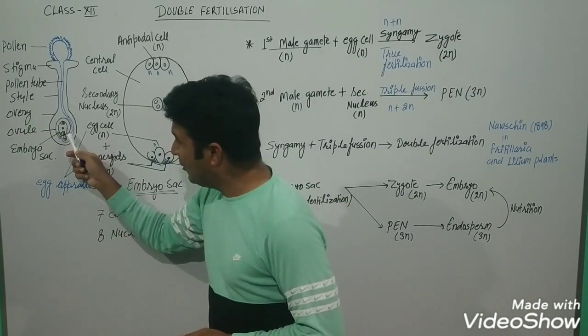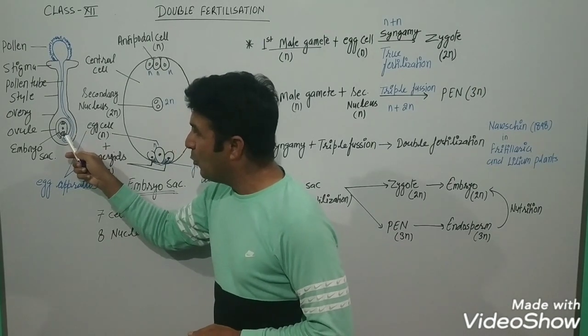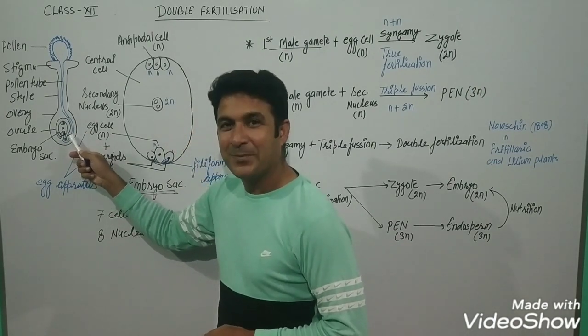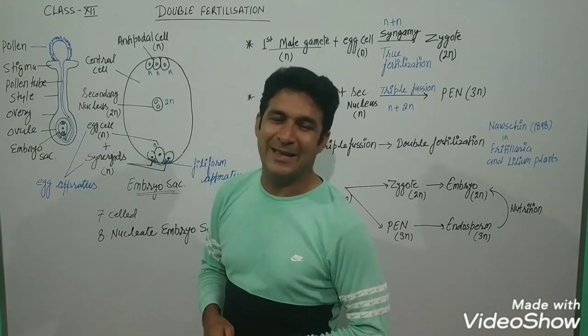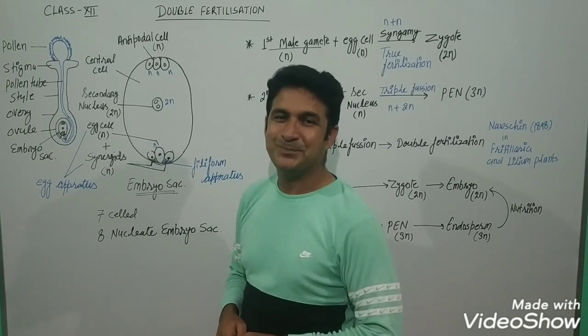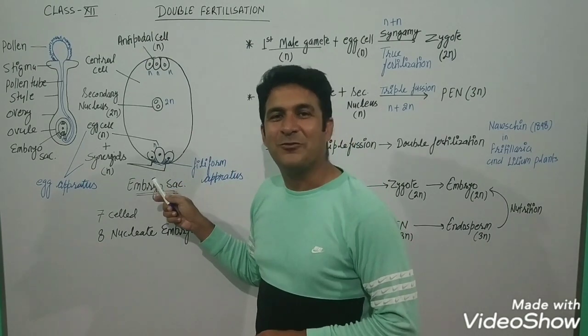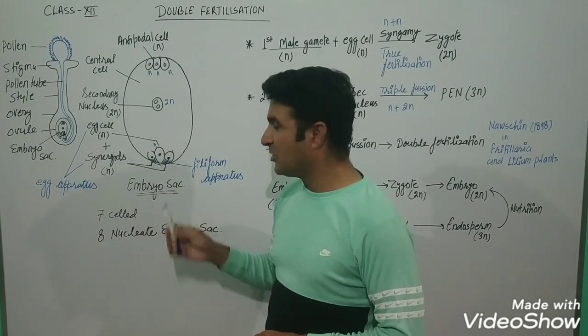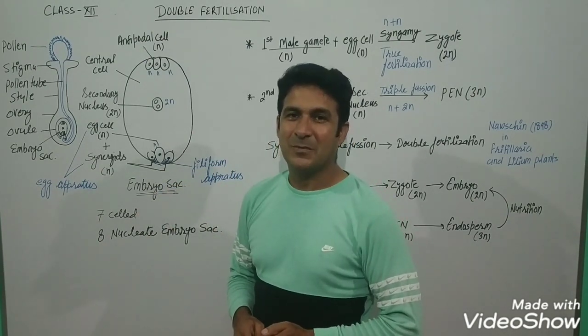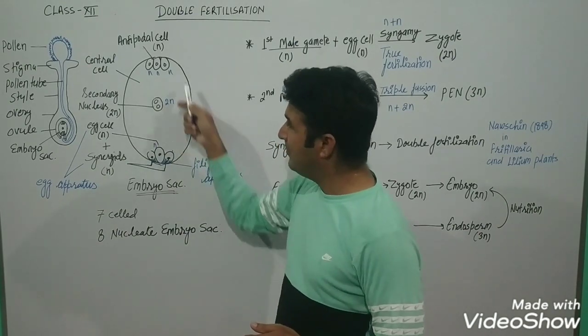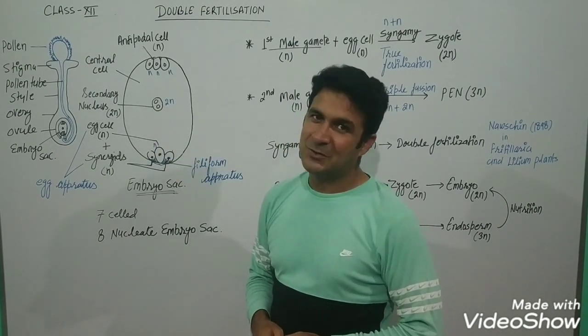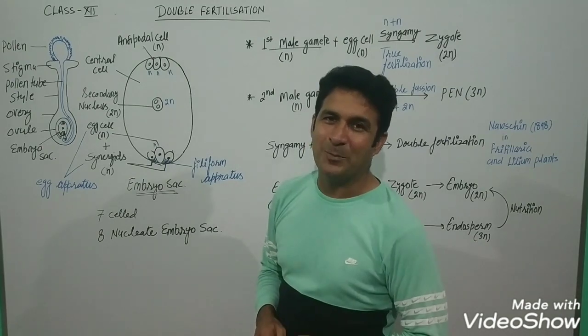Inside the ovary you can see one structure. This structure is called the embryo sac, a large structure. The whole topic we will discuss inside it. So let's start the topic.